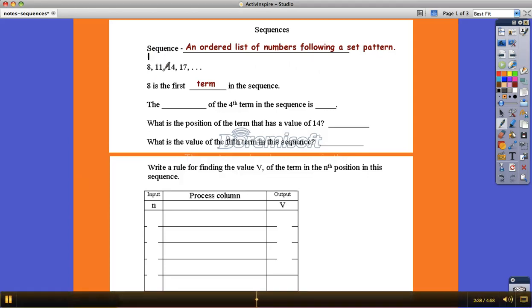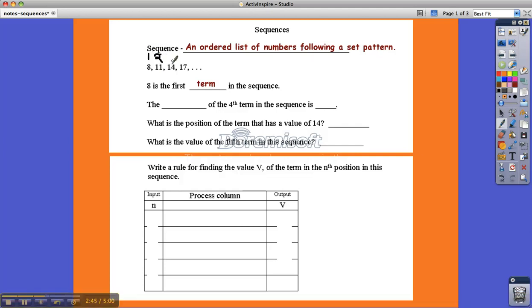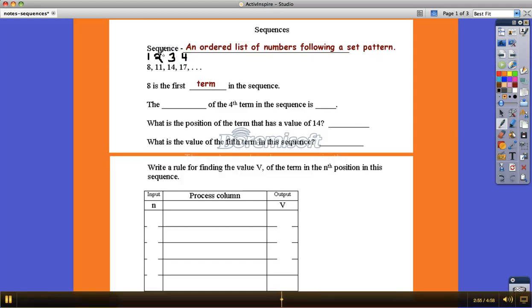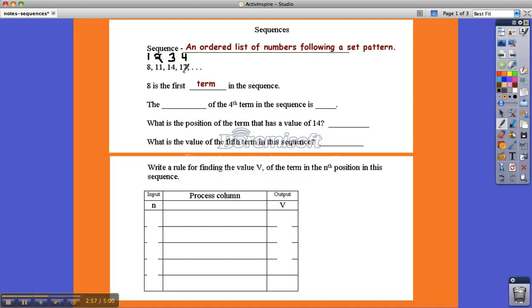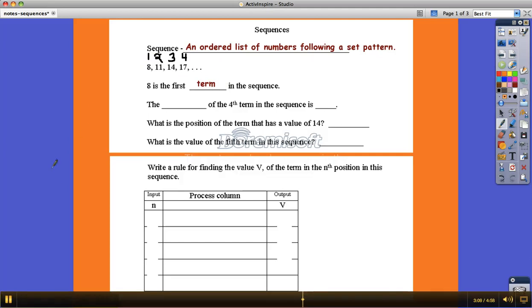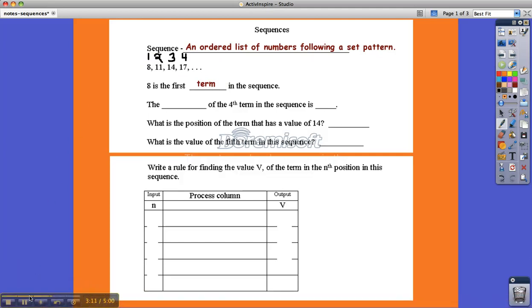That means that 11 would represent the second position number. 14 would represent the third position number, and 17 would represent the fourth position number. So these are the position numbers that correspond with the values we're getting out, and we also call those, like this vocabulary word says here, terms. So go ahead and pause the video and make sure you have all of that information written down.